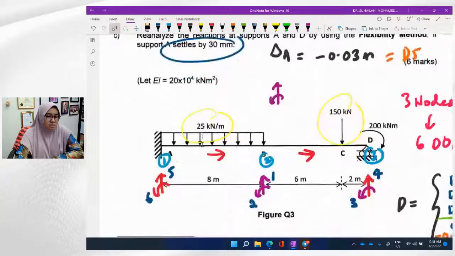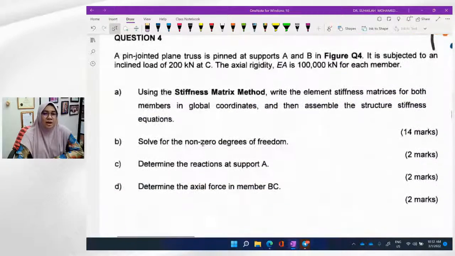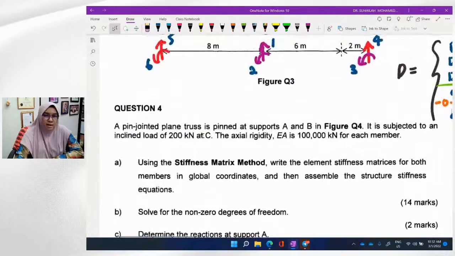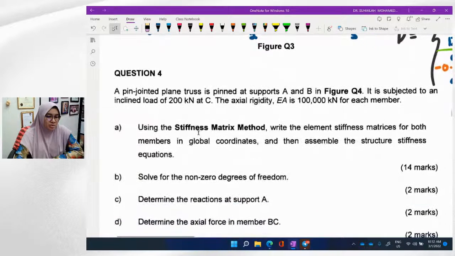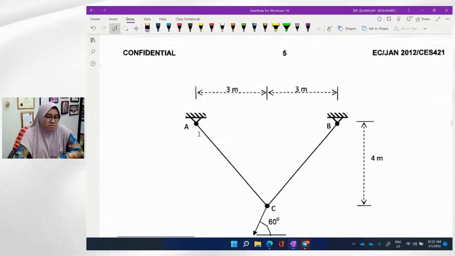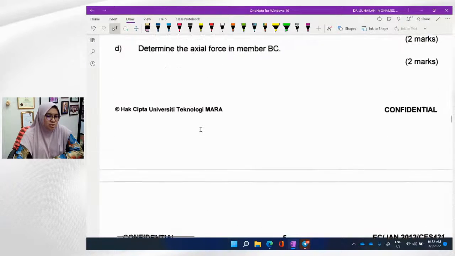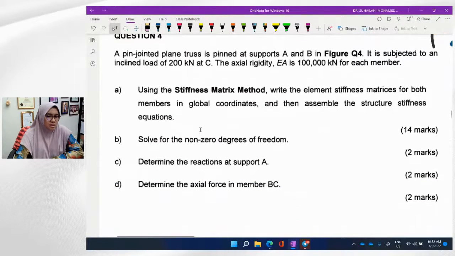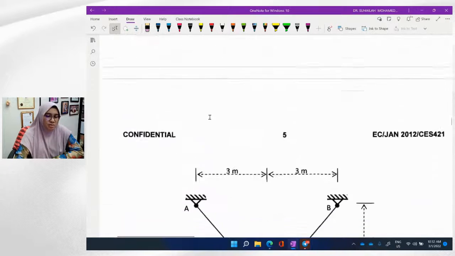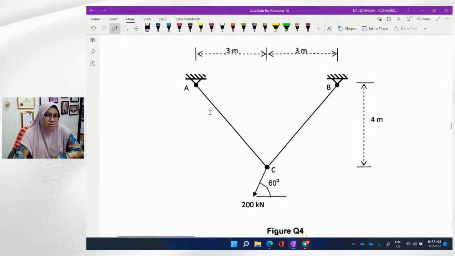This is a beam question, which I have actually explained in my previous video. The next one is a pin-jointed plane truss. For analysis of a truss using the stiffness method, we normally limit to not many elements, maybe two, three or four.